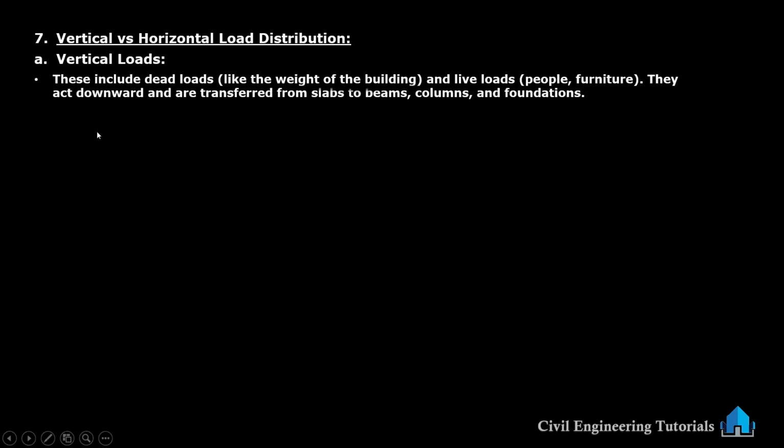Vertical versus horizontal load distribution. First, vertical loads. These include dead loads like the weight of the building and live loads like people and furniture. They act downward and are transferred from slabs to beams, columns, and foundation.